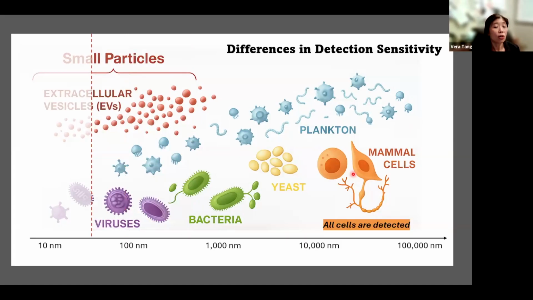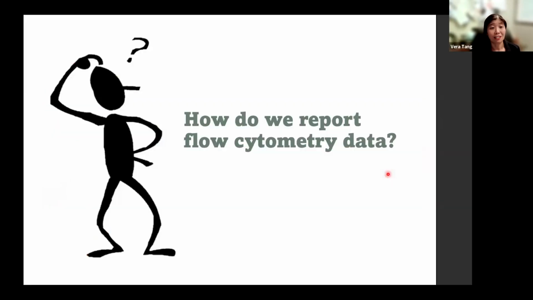Now, you can see that in all these cases, some of the small particles are not being detected, while we are always detecting all cells. So keep this in mind in terms of what we're going to discuss next, which is how do we then go about reporting flow cytometry data when our limit of detection is potentially different, and that directly impacts how much of the EV population we are detecting.